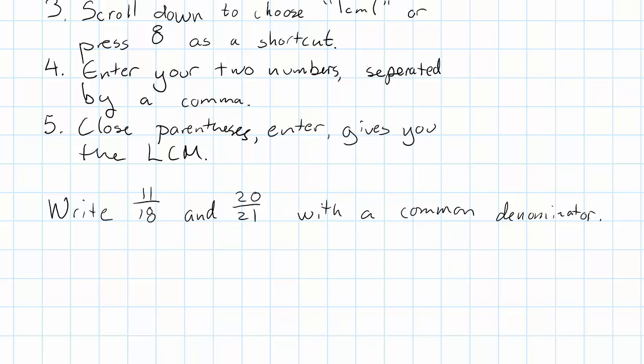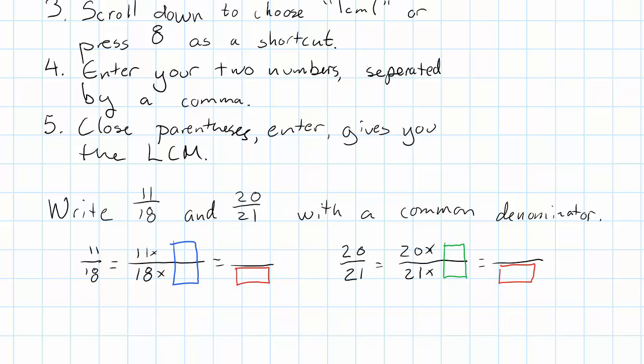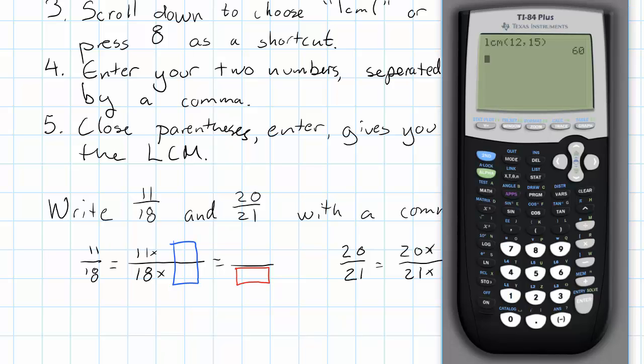We're going to want to multiply each numerator and denominator by the same thing. So in order to write these with a common denominator, we first have to work out what that common denominator is going to be. And it needs to be the least common multiple of 18 and 21.